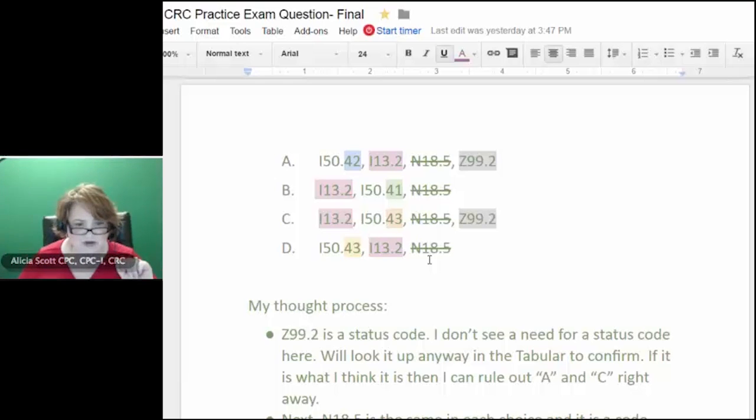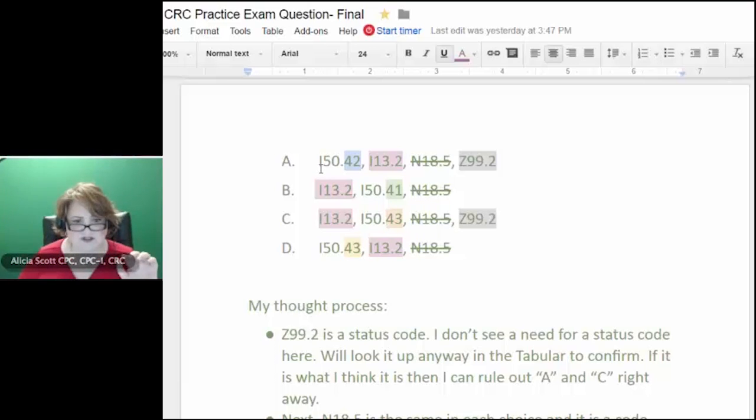Then the next thing I'm going to look at is, hey, each one of these has I13.2, but I'm not going to draw a line through them like I did with N18.5, because the sequencing is different. So that's pertinent. That tells me they obviously want me to know, do I understand the sequencing between these codes?